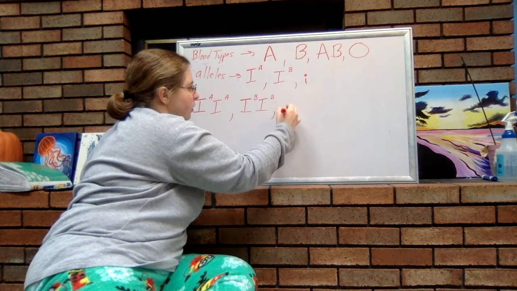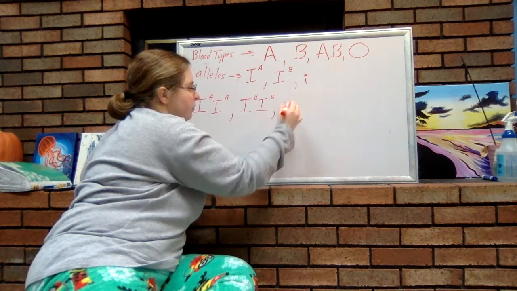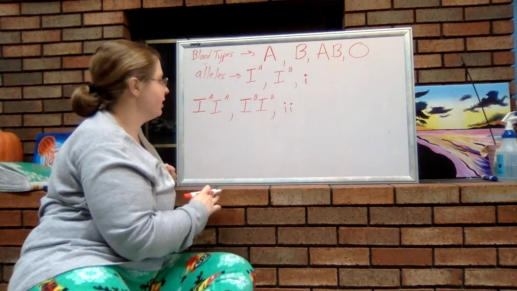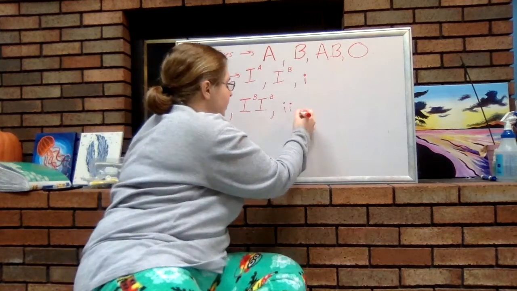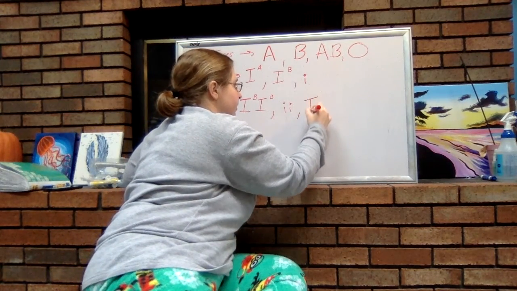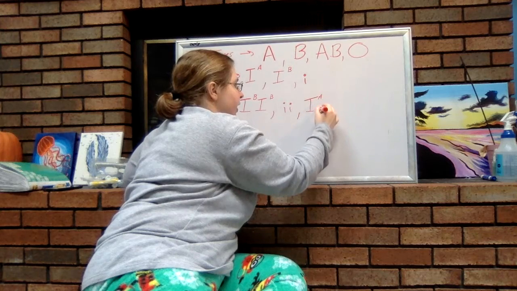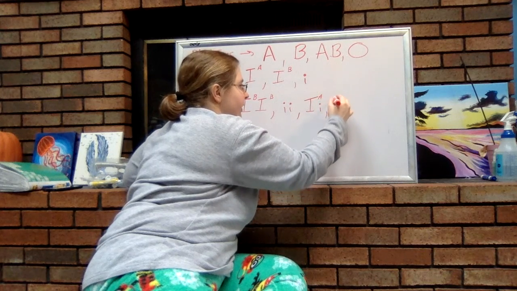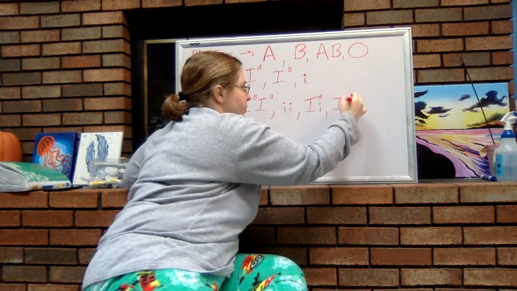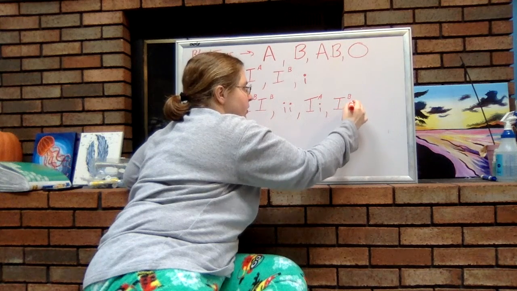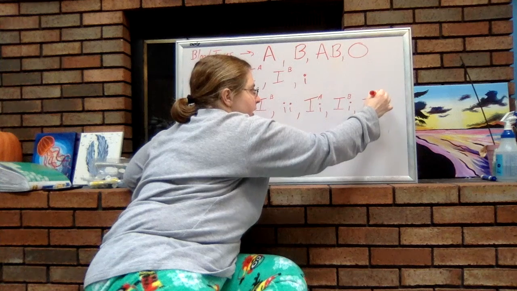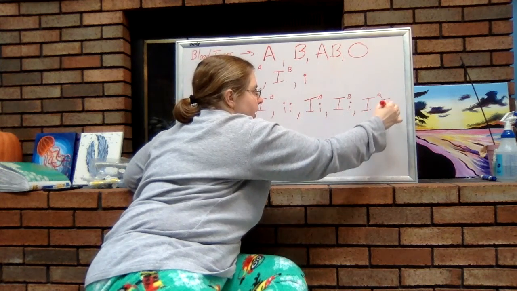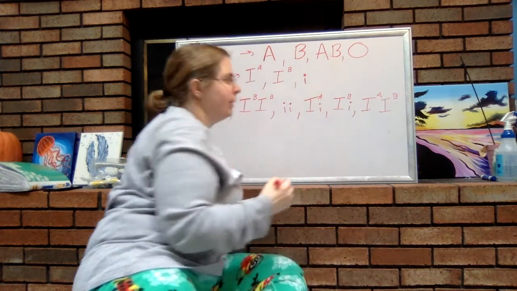We can be homozygous for the O allele, the recessive allele. Now let's start talking about some of the heterozygous choices. We can have A allele and O. We can have B allele and O. And we can have A and B allele together.